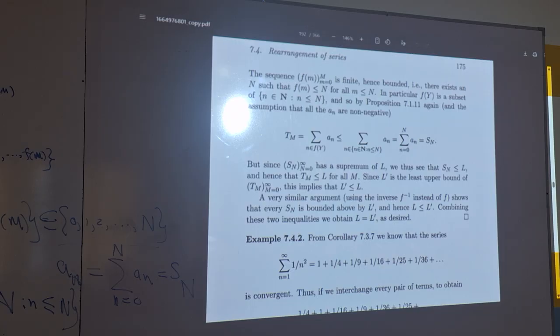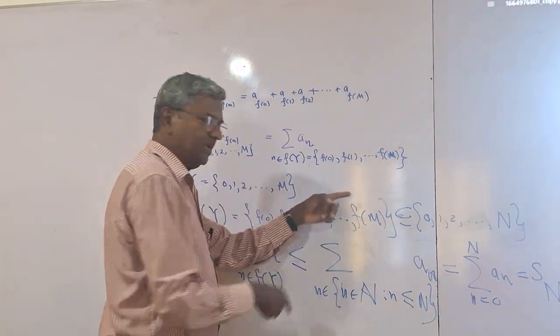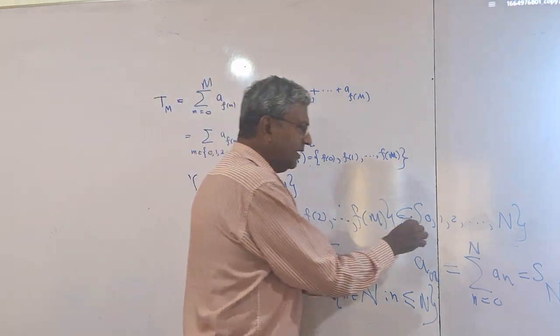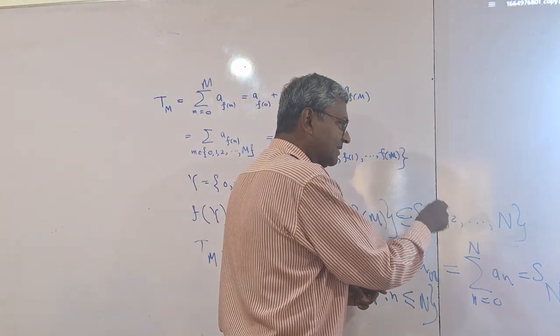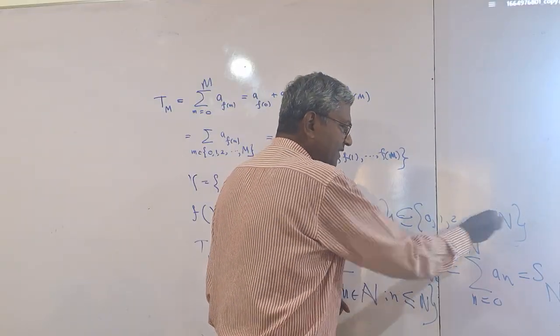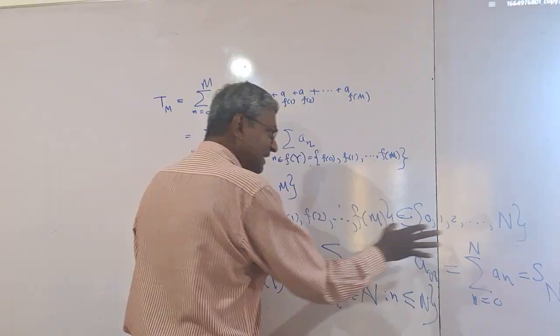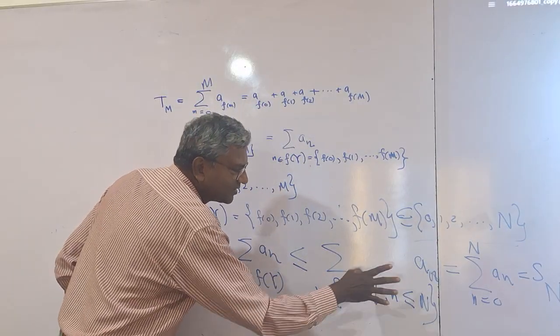Because this set is a subset of this set, sigma AF0 plus AF1 plus AF2 and so on up to AFM is less than or equal to A0 plus A1 plus A2 and so on up to AN.